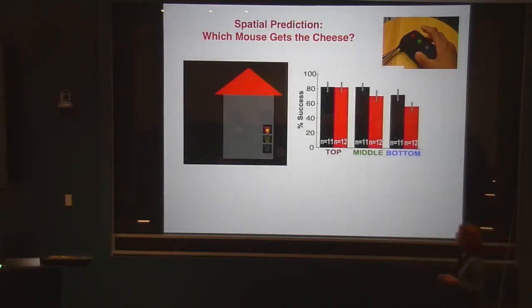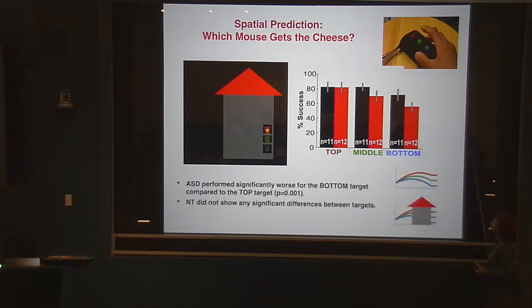In black, as before, neurotypical versus ASD for the top mouse, the middle mouse, and the blue mouse here. And while there is no difference for the top and middle mouse, the difference shows up with the bottom mouse in their ability to perform. And why?